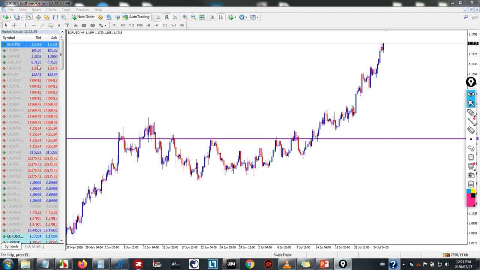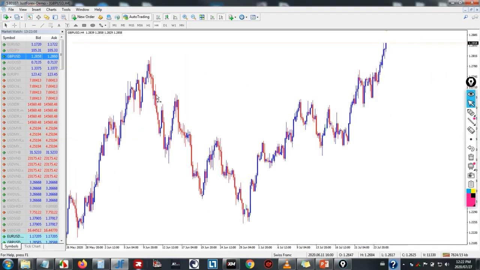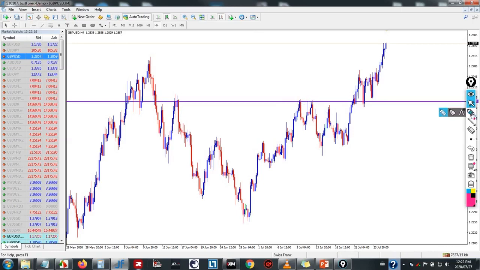So let's look at another chart. Let's pick GBPUSD and look for support and resistance. In this chart, I would like to highlight a break and retest strategy, because I can see a beautiful break and retest here. For a break and retest strategy, make sure that the market was trending, making higher highs, higher lows, and then pulling back.